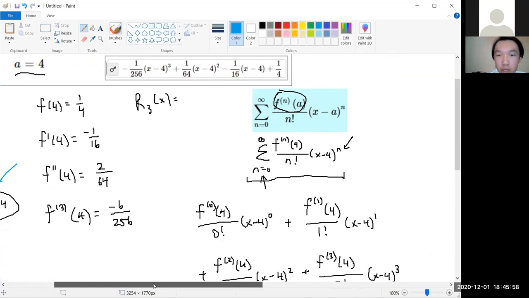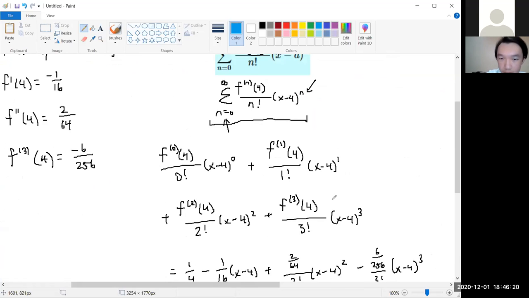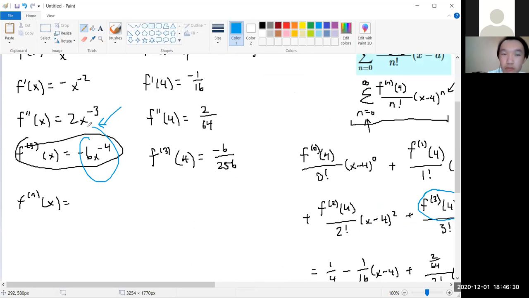I'm referring to the degree of the Taylor series, this degree over here, which is not the same as the degree of the derivative function. When in the Taylor series n equals 3, that's this term here, which requires the third derivative, which happened to be a function to the fourth degree, but it didn't have to be.